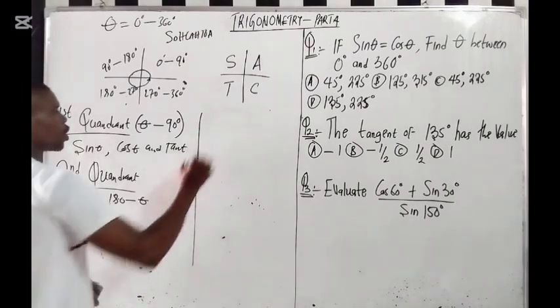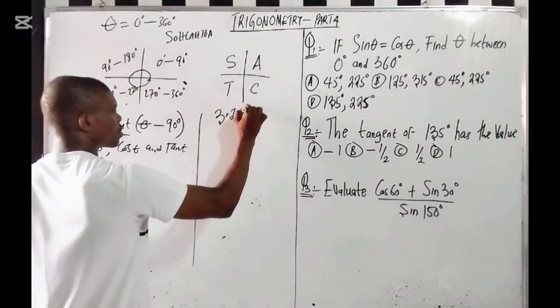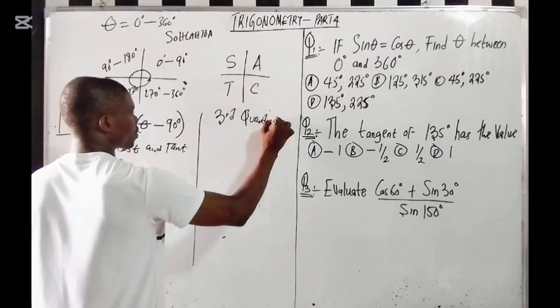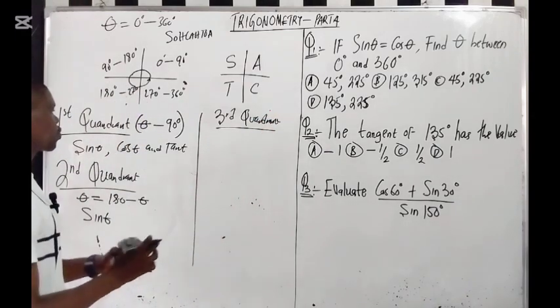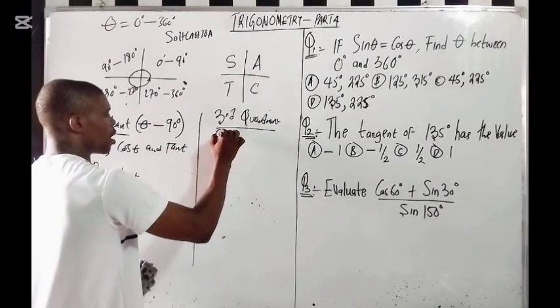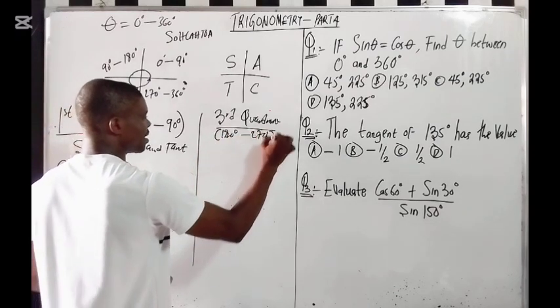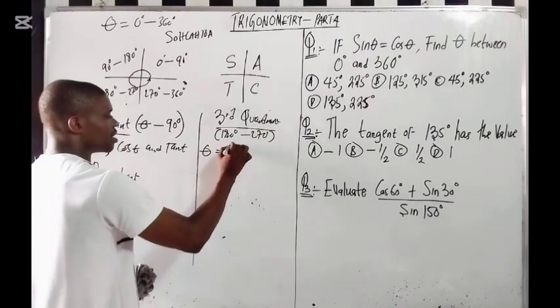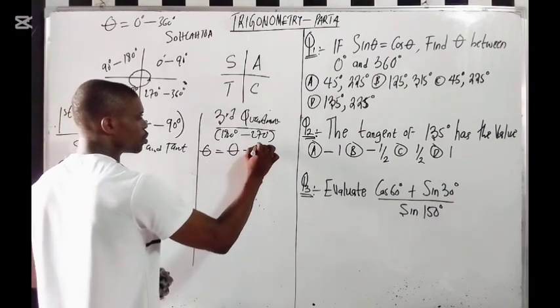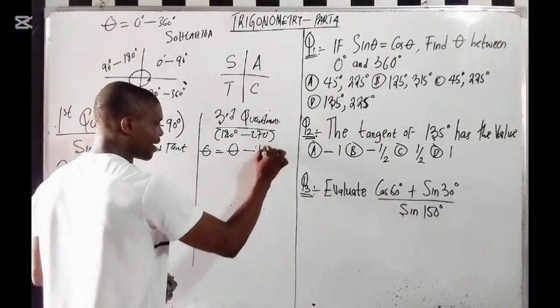Now look at the third quadrant, which is between 180 degrees and 270 degrees. Theta equals the angle minus 180.